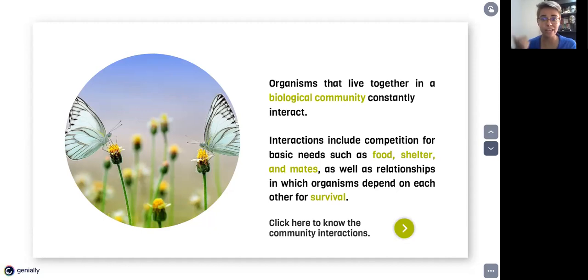They need food, they need shelter, they need mates, they need to reproduce themselves. So they are looking for their special someone, pretty much like you. And these relationships are important because they rely on them to survive. This is super important. If you don't have somebody to mate with, you're not going to survive because you're not getting offspring. So this is important for all species.